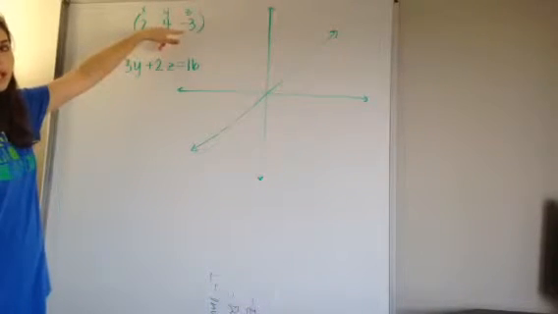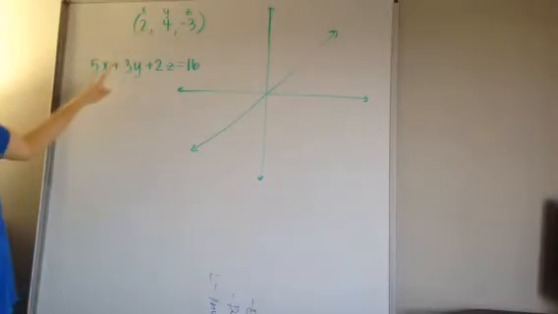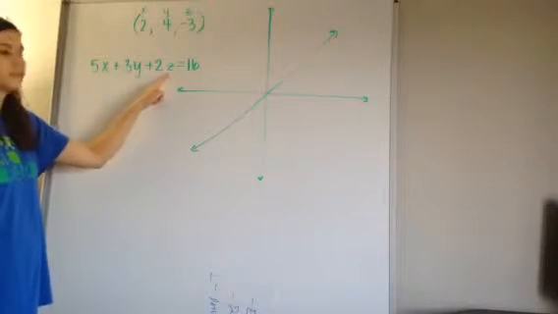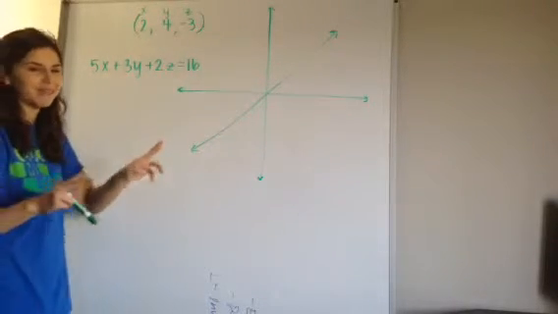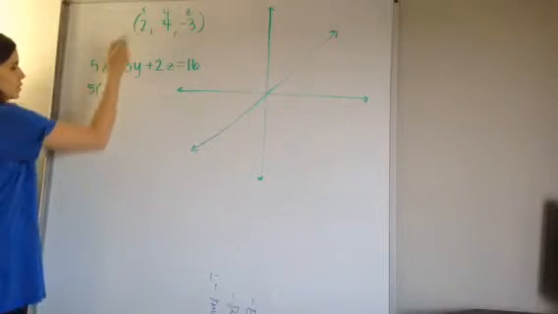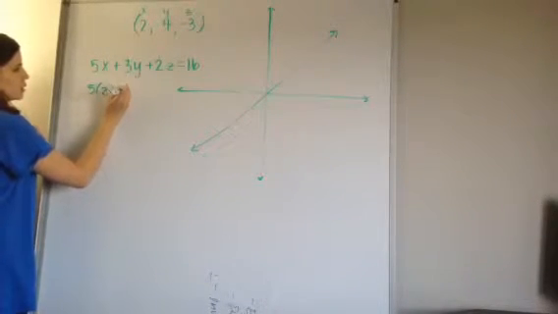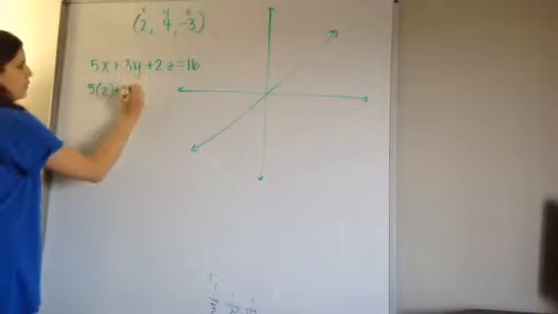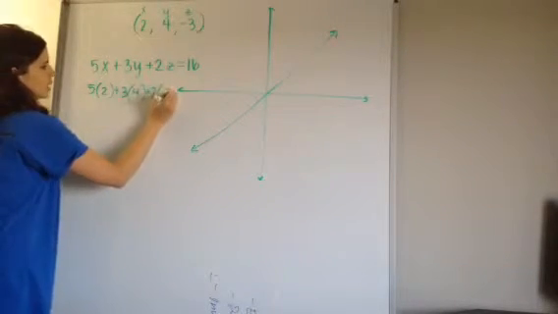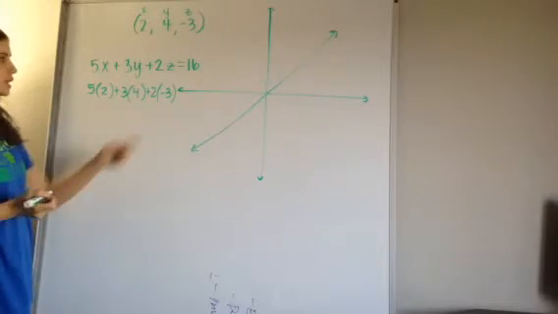Well, we could plug it in and see if that's the solution just by plugging that in for x, that in for y, and this in for z. And let's hope that I did the math in my head right. So I would plug in 5 times 2 plus 3 times 4 plus 2 times -3, and let's see if that gives us 16.